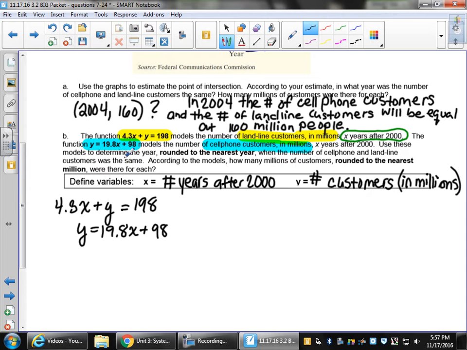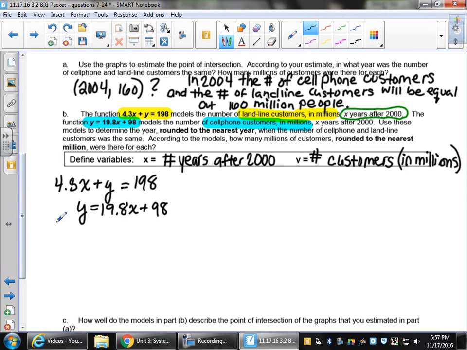Use these models to determine the year when the customers are the same, and then what is that number of customers? So we need to solve the system to figure that out. Bringing back all of our prior knowledge, we know that when one or more equation is solved for x or y, we are going to use substitution. We have those nice 3 guiding steps we can use to help us out.